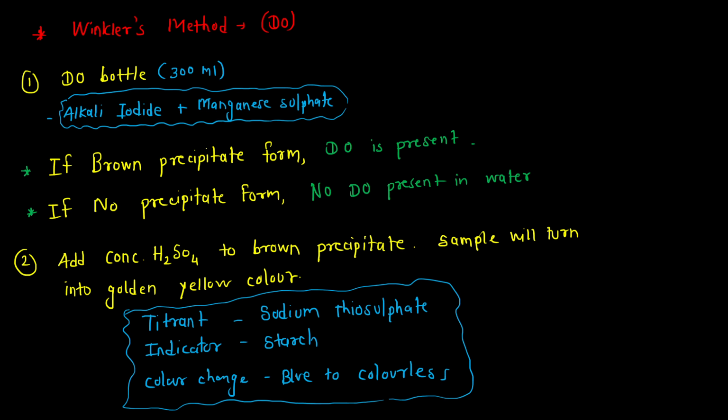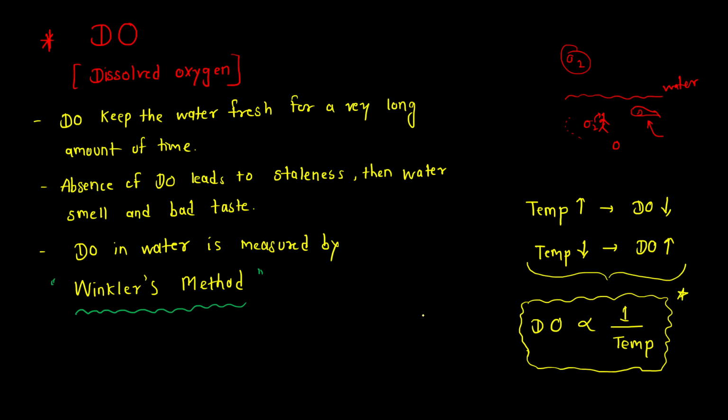Once it is confirmed that DO is present, you have to add concentrated H2SO4 to the sample. After adding this, the sample will turn into golden yellow color. Then the same titration process after this, that is take the burette, take the conical flask and then do the titration. Okay, so this is all about dissolved oxygen.